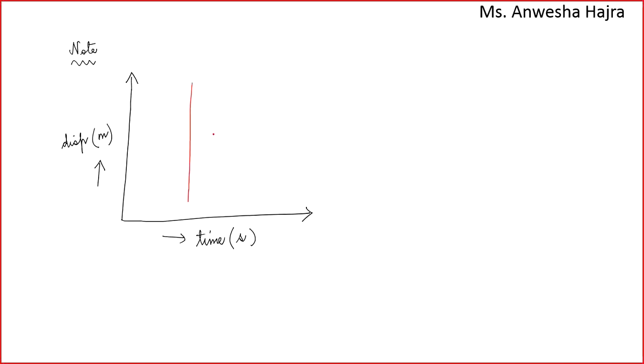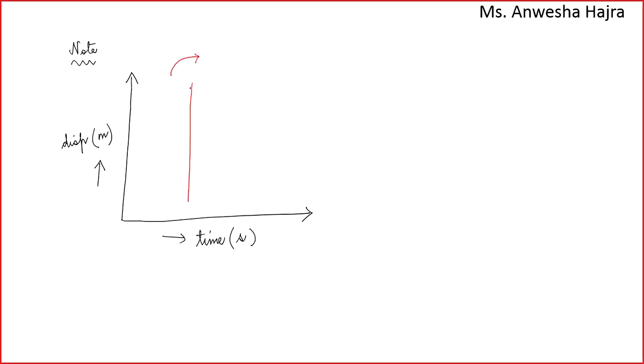Displacement time graph can never be a graph parallel to the y-axis.